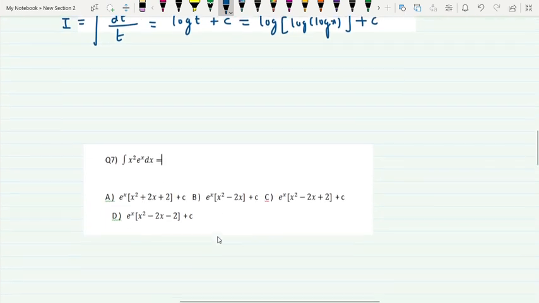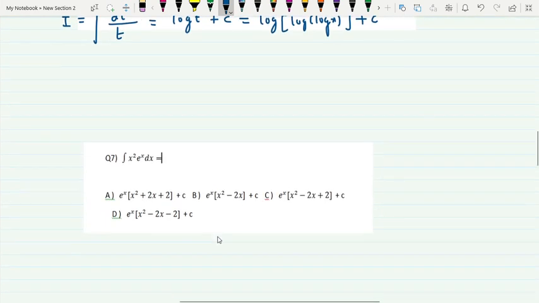Now we'll do question number 7. So it is again integration by parts. So integration by parts we will do here. See here question number 7. See this is what? x square is the algebraic function u, and this is e raised to power x.